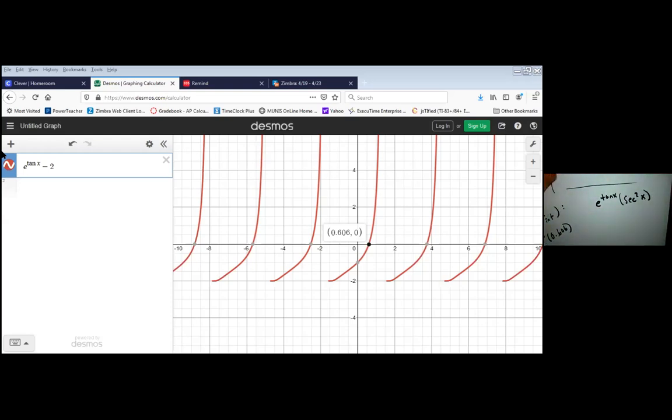And then into this, you've got to plug in 0.606. No clue what that's going to be. That's calculator bound. So e raised to the tangent of 0.606 times secant squared of 0.606. You're going to have to play with the calculator there and see what you get.